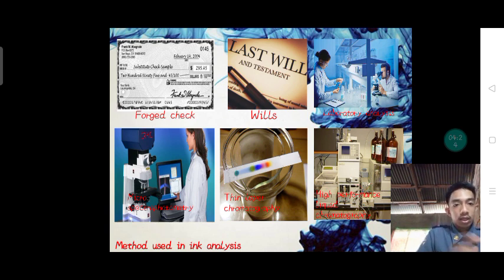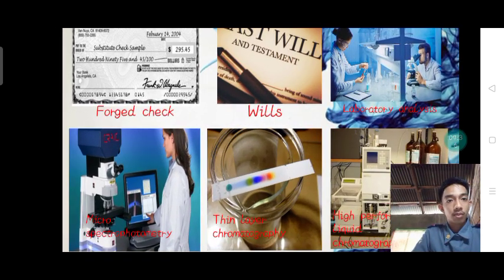Method used in ink analysis. Yung method, ink analysis may be an important part of the investigations of questioned documents, including forged checks, wills, or altered records. Although all blue or black ink may look the same, there can be some important differences in the chemical compositions.